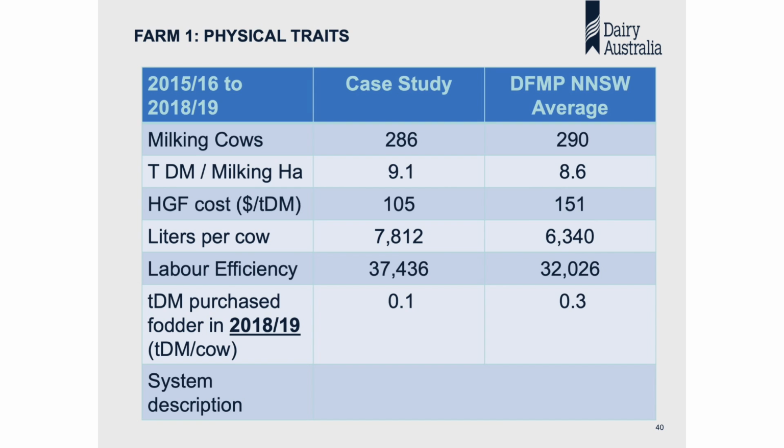We've got fantastic pasture utilisation, tonnes of dry matter per milking hectare. Pasture utilised is nearly half a tonne better than the northern New South Wales average. Cost control, look at homegrown feed costs, they're 2/3 of the rest of northern New South Wales on average.